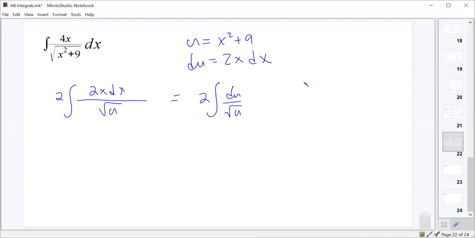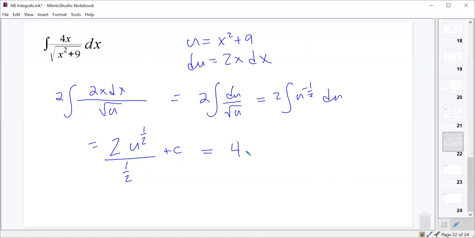Not u over 2. Let's write this out just to make sure we don't make a little mistake. This is the integral of negative 1/2 du. So that becomes 2 u to the 1/2, right? Because we have the 2 out in front, divided by 1/2. If you divide by 1/2, what are you multiplying by? By another 2.